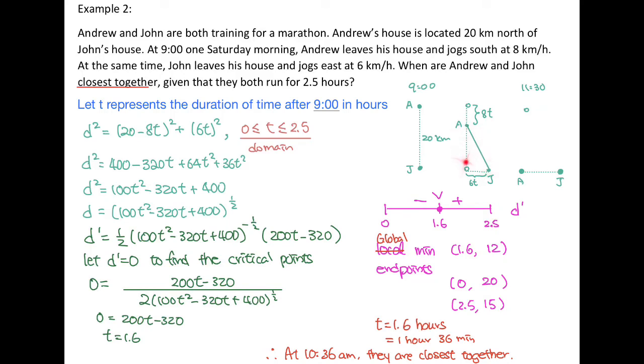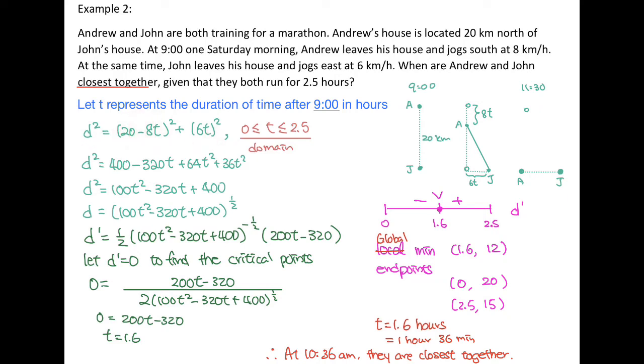The whole thing here is 20 kilometers, and this is the distance that Andrew has already traveled, which is 8t. So the remaining distance will be 20 minus 8t. And this one is 6t, and this one is our distance. Therefore, we have D squared equals (20 minus 8t) squared plus (6t) squared.